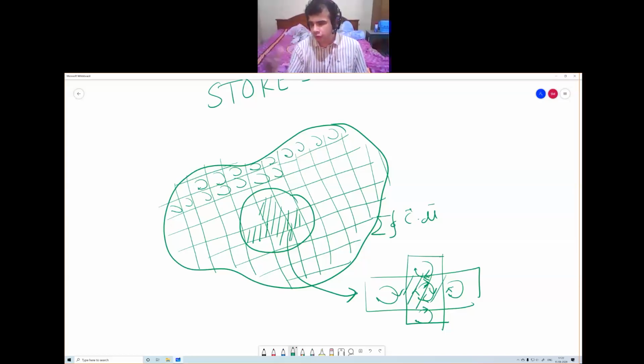So for each of the inner squares, the C dot dl gets cancelled out by the neighboring squares. Do you agree? For this small square, all the C dot dl components are cancelled out by the neighboring squares.